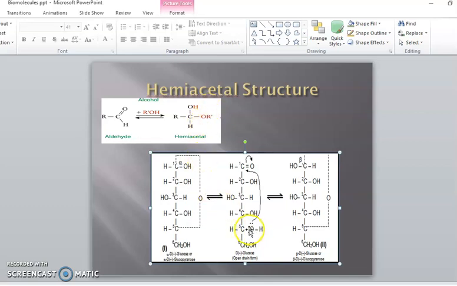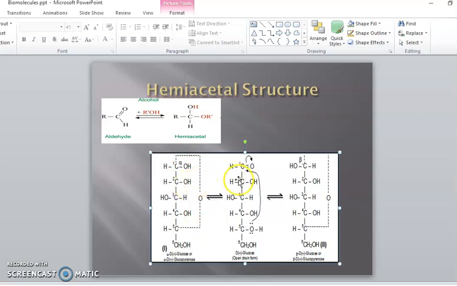This was the alkyl group of this alcohol, and between it and this aldehyde there is a linkage through oxygen. This is called a hemiacetal structure. Clear?